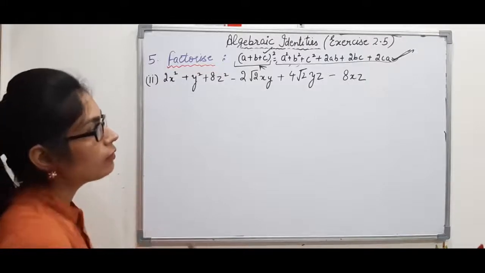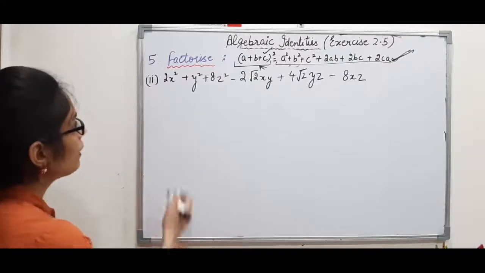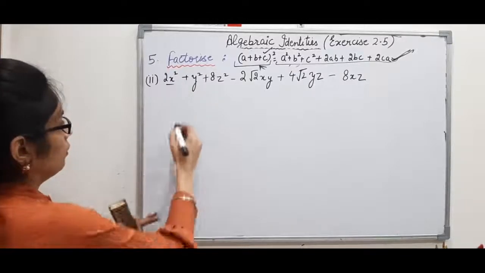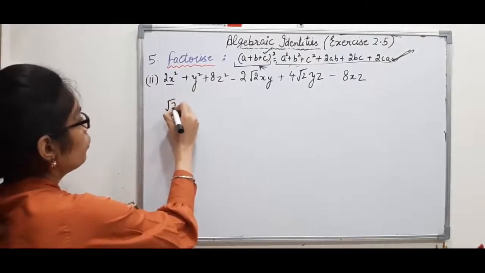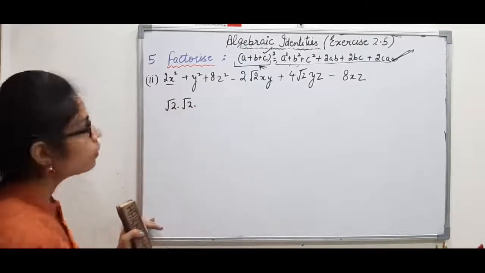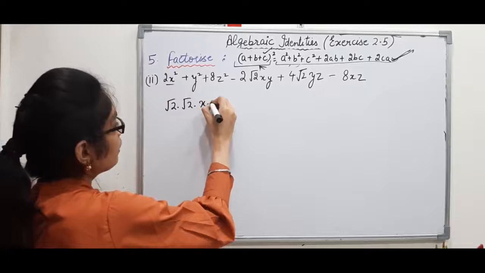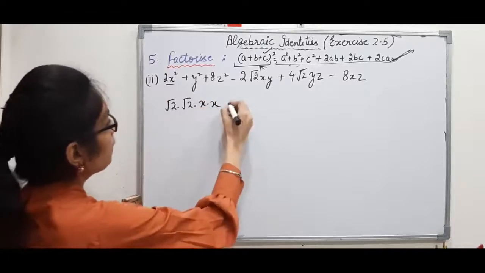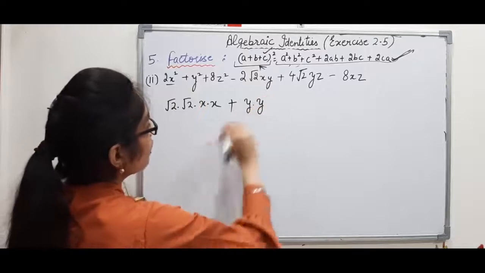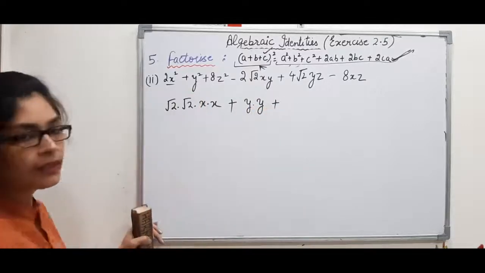So the second part we'll try to do in the same way as we did the first part. So 2 square, we can write root 2 into root 2. x square we can write x into x. Plus y square we can write y into y. Plus 8z square.